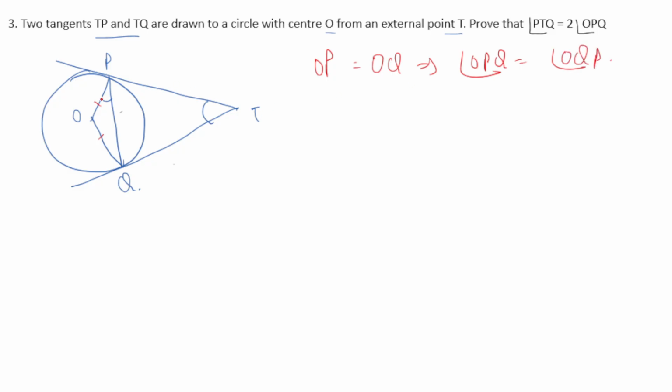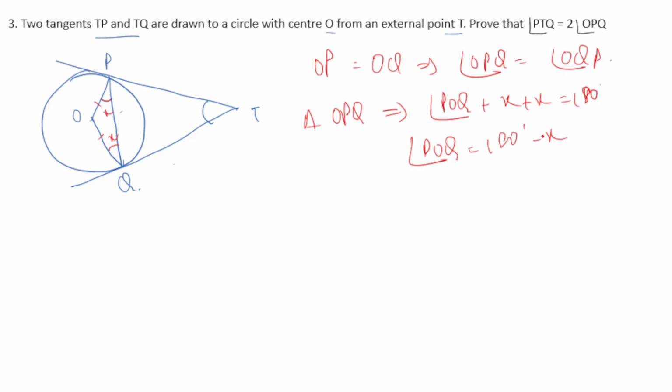We will assume these angles as x. In triangle OPQ, we will apply the angle sum property. We will have angle POQ plus x plus x is equal to 180 degrees, so angle POQ is equal to 180 degrees minus 2x.